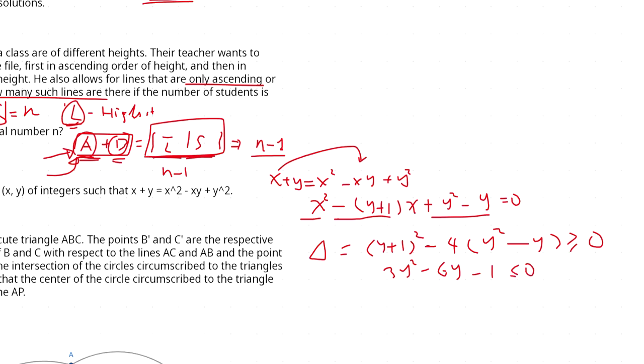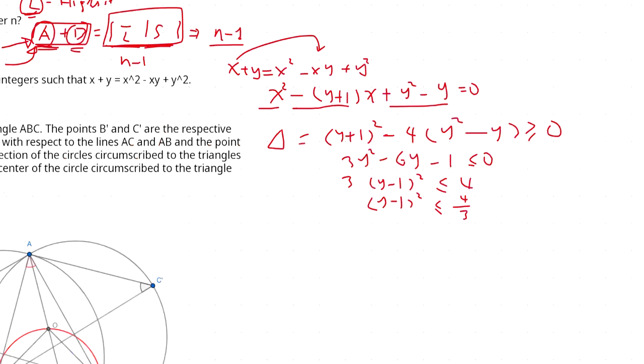And that is 3 times (y minus 1) squared no larger than 4. So (y minus 1) squared is no more than 4/3. We know that both x and y are integers, so (y minus 1) squared is also an integer.